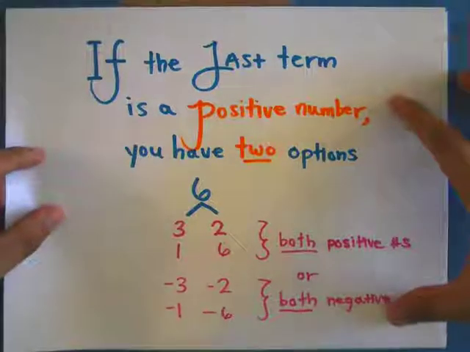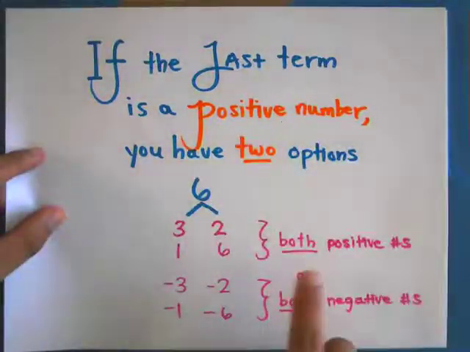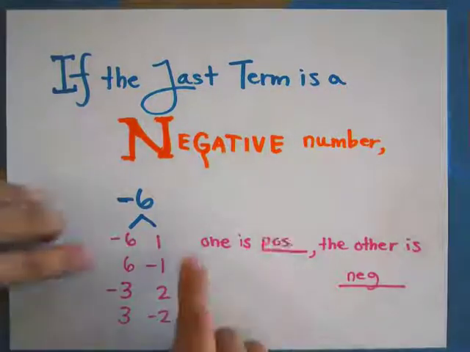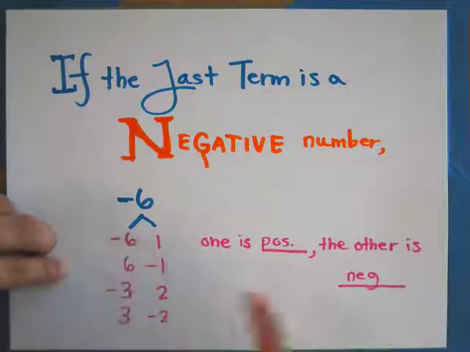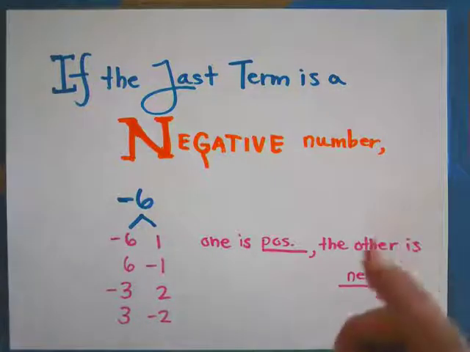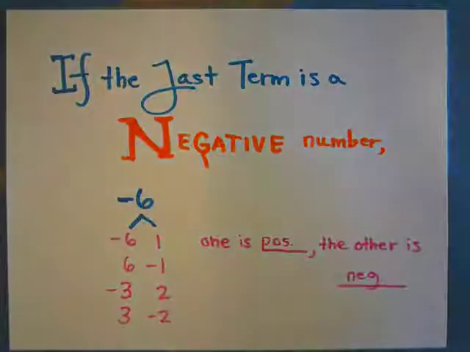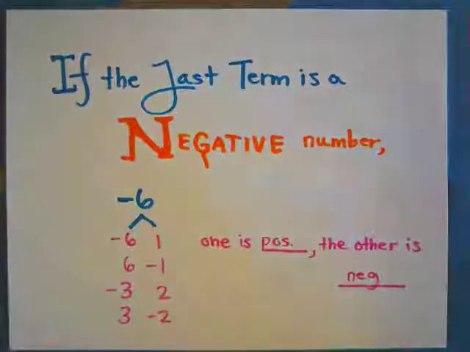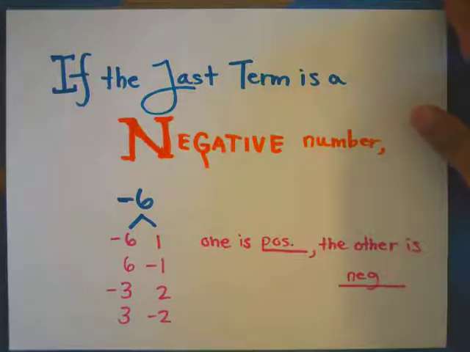So just be careful with these last terms. Positive number, 2 positives, 2 negatives. A negative number, one is positive, one is negative. And I think if you keep strict with that rule, these factoring lessons, especially the next phases, will get a little bit easier over time.